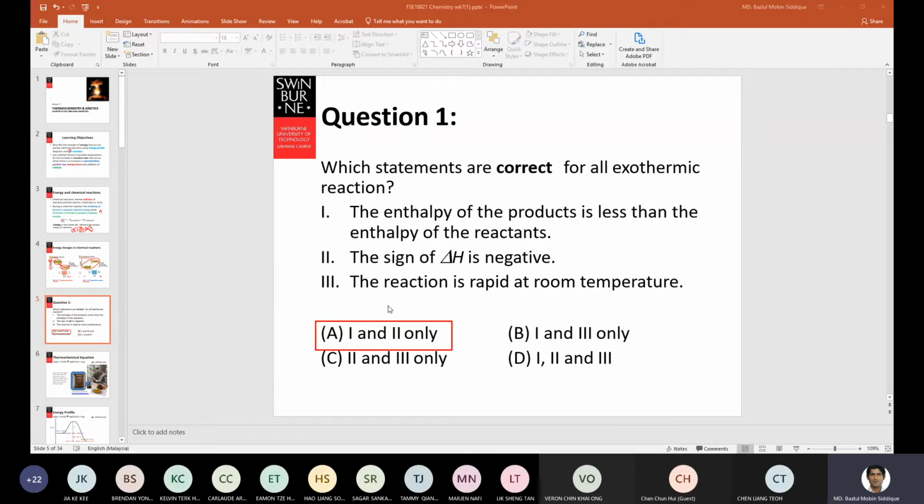So what is enthalpy? For exo reaction, the reaction is slow if it's not rapid. What is enthalpy? Enthalpy is the heat of reaction.